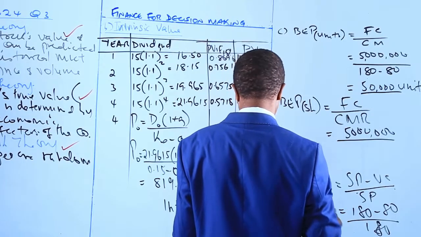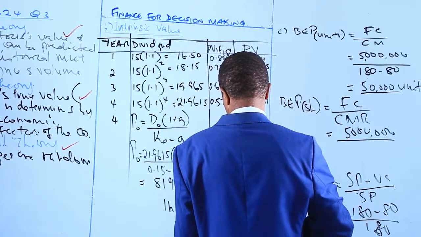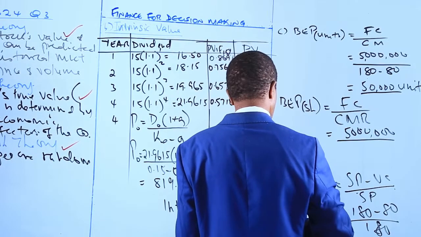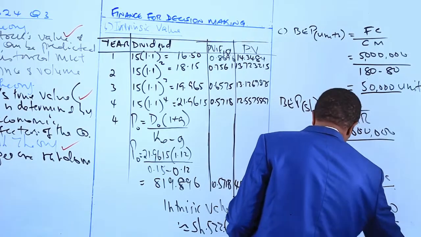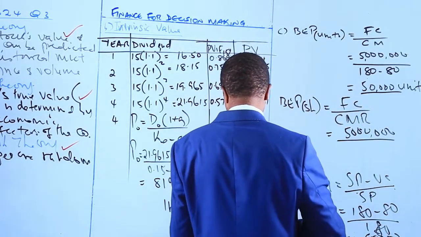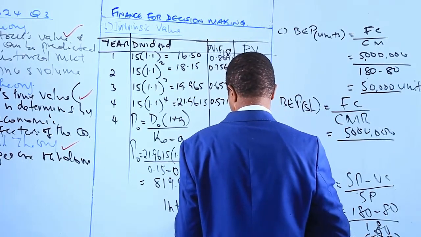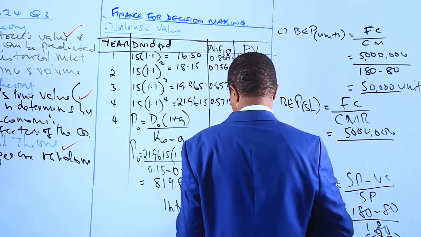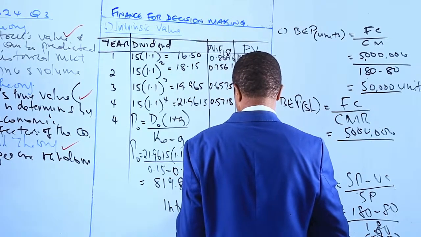This is equal to 0.555555. So we divide the 5 million by that ratio. 5 million divided by 0.55555.